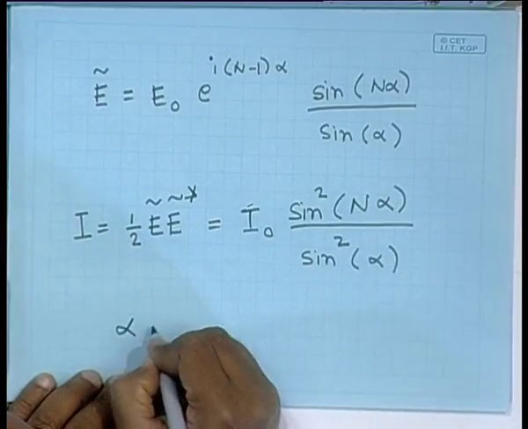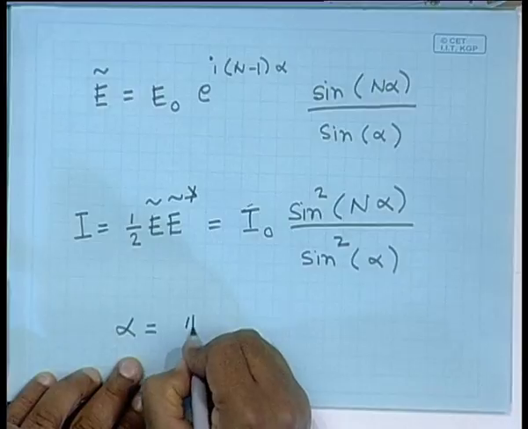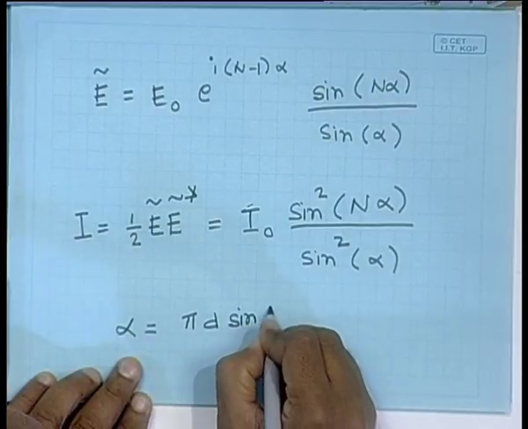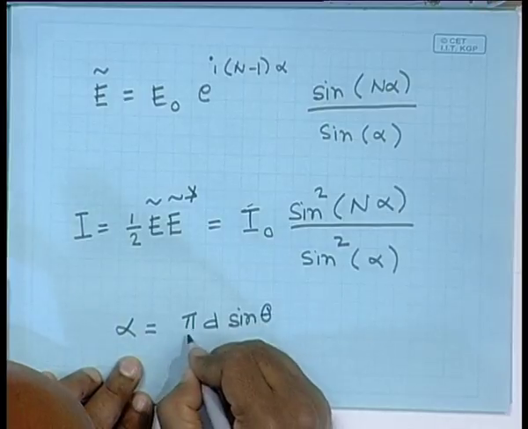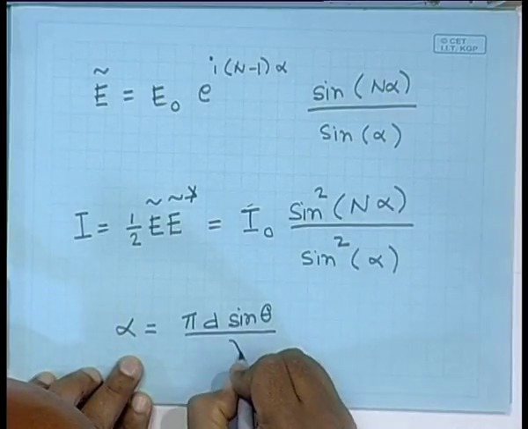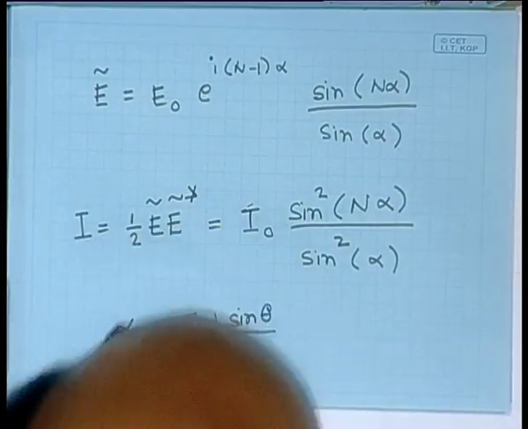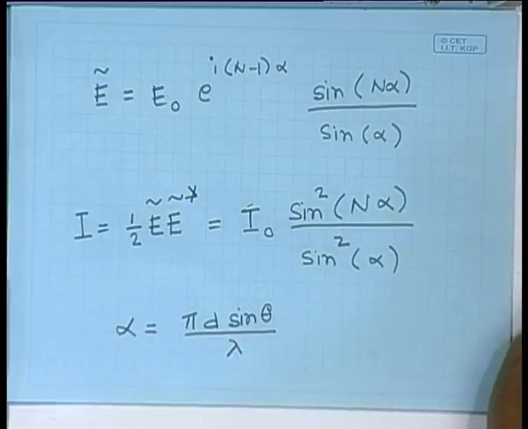Let me also write down here what alpha is. So, alpha is pi d sin theta by lambda. So, this is the intensity pattern. Now, let us analyze for a few minutes what this intensity pattern looks like.